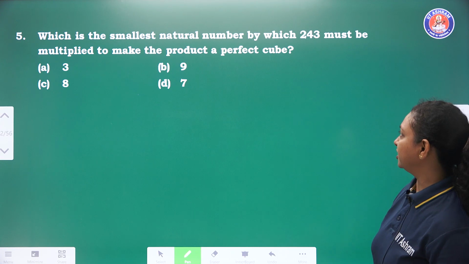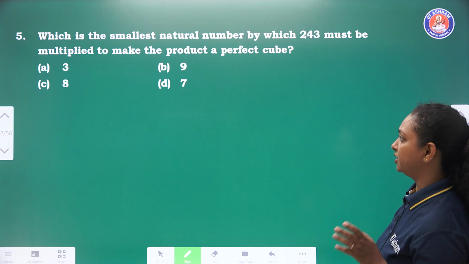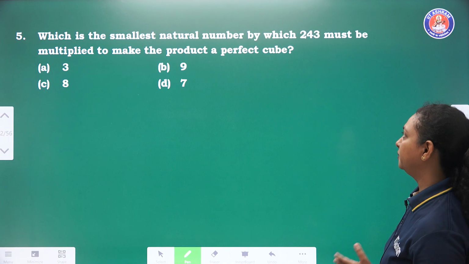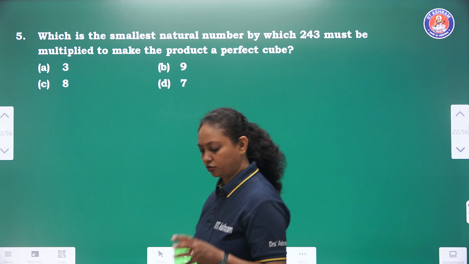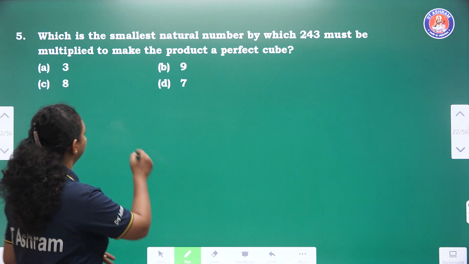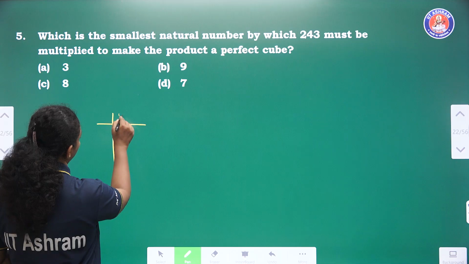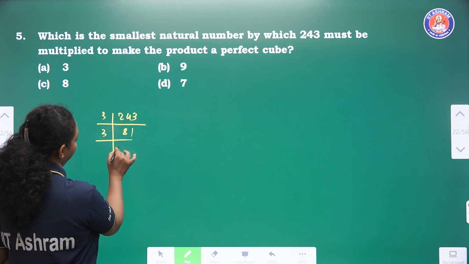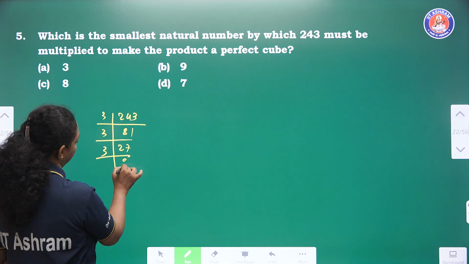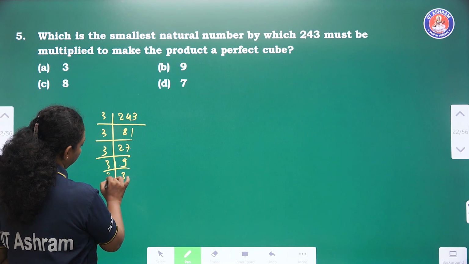Which is the smallest natural number by which 243 must be multiplied to make the product a perfect cube? 243. Okay, so for that we just factorize 243. 3s are 81, 3s are 27, 3s are 9, 3s are 3 and 3 1s are 3.